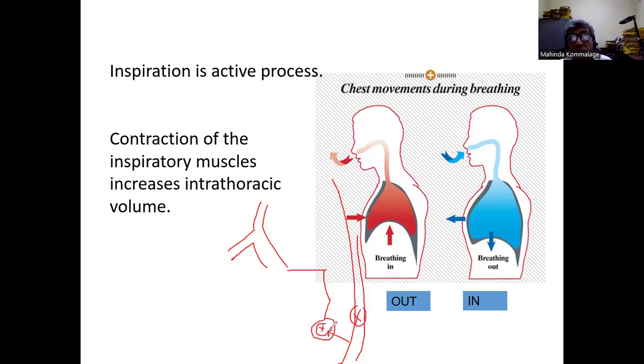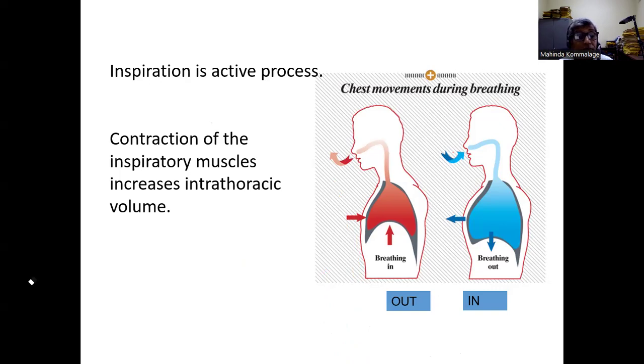So we use these two values to describe the mechanism of ventilation. Of course, both will reduce, not the same value, right? So with the expansion of the thoracic wall, interpleural pressure will reduce and intra-alveolar pressure also reduces. That means pressure inside the alveoli also reduces, right? So let's see how it is reduced in the next slides.